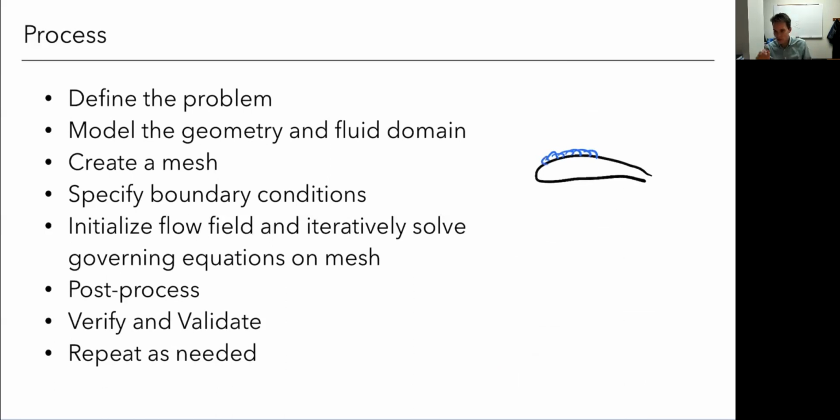I've got to resolve the flow features really close. But the mesh cells are going to grow and grow. As they get far away, they're pretty big. And maybe really far away, they're like the size of the body. So if I go from 5 to 10, maybe it adds 5% or 10% to the number of cells. So not that much, but I've gotten safely away. So I'll typically go pretty far because it's not that expensive usually.